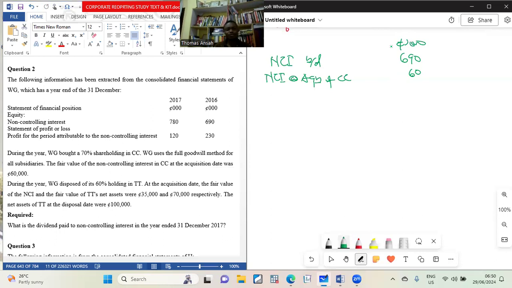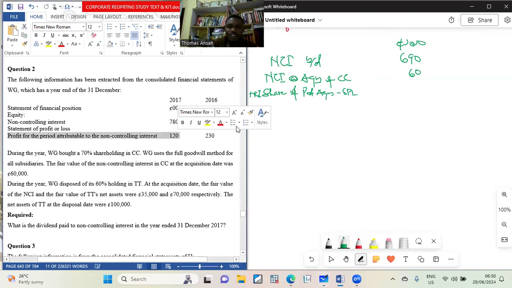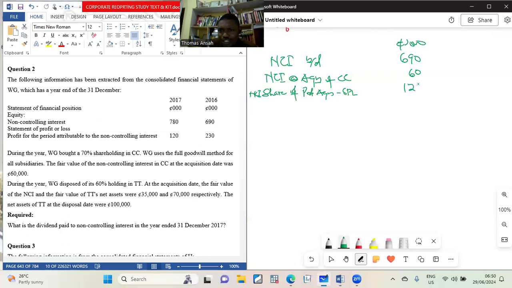And when you do NCI at acquisition, what do you normally do in your workings? It's the NCI share of post-acquisition, and this will be found in the SPL. So the profit attributable to the NCI for 2017, 120. So that is what you do.